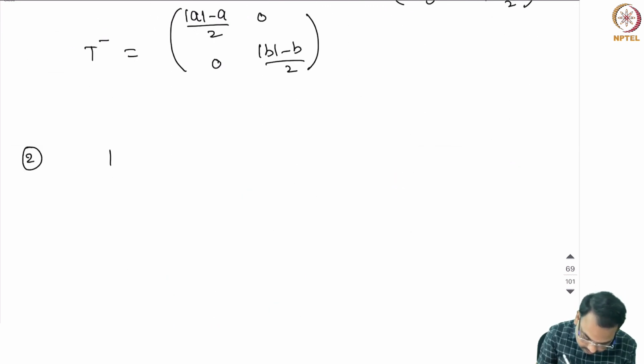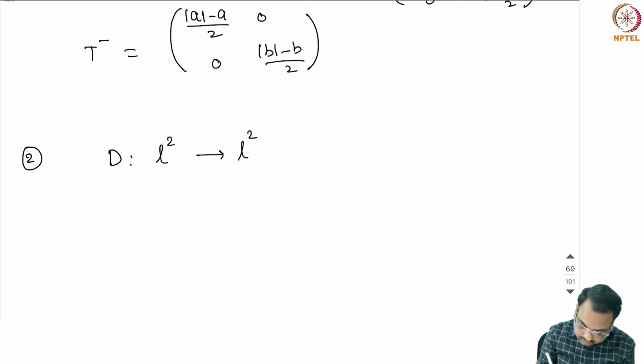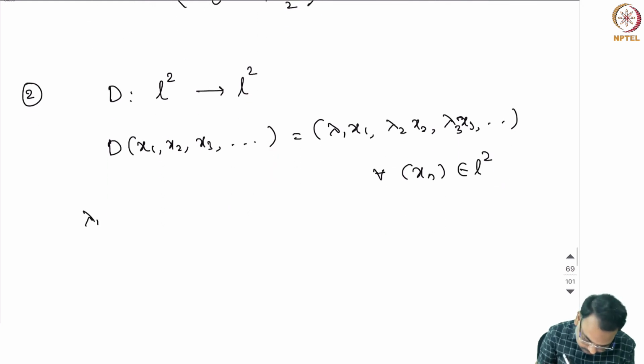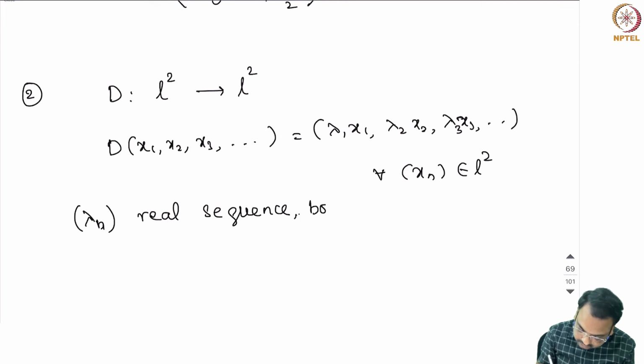Let us look at D from L2 to L2 defined by D(x1, x2, x3, ...) = (λ1x1, λ2x2, λ3x3, ...) for all x in L2, where λn is a real sequence, in fact a bounded sequence.